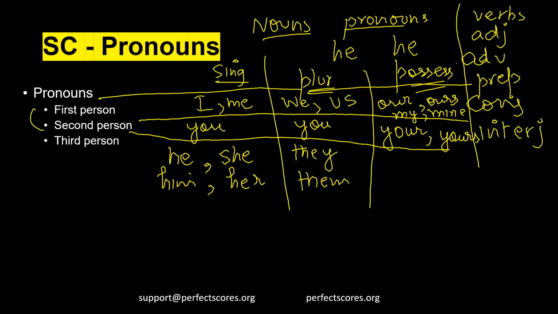Possessive would be again easy. This belongs to him. So this is his book and this book belongs to him. Or for example, this is her book. This book belongs to her and this book is hers. So you have these different variations in case of singular people.